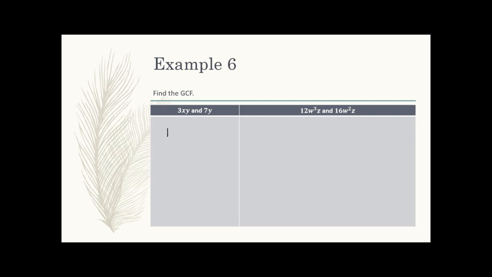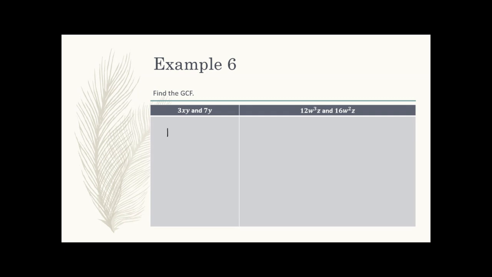Because I don't have an x in the second term, x is not part of a factor. It doesn't exist, so I can't divide it out. So x is not present in my GCF because it's not present in both parts.